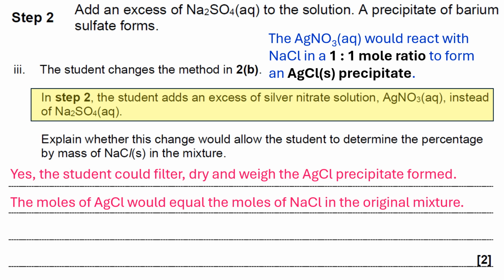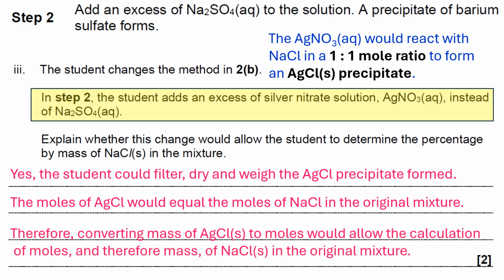Because the moles of silver chloride would equal the moles of sodium chloride in the original mixture, because both substances have the same number of chloride ions per mole, you can convert the mass of silver chloride to moles, and this would allow you to calculate the mass of sodium chloride present in the original mixture.